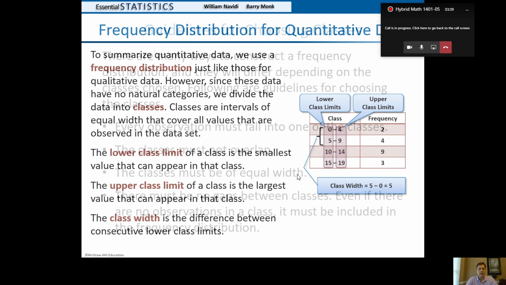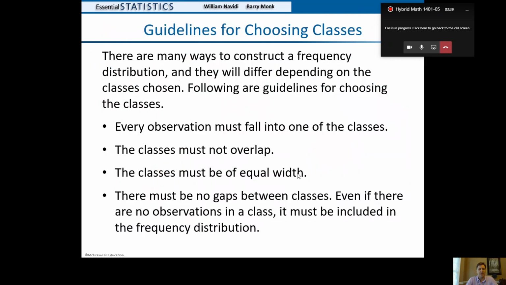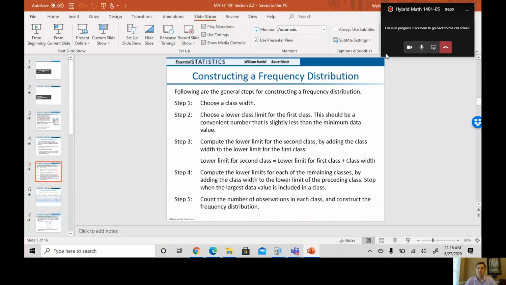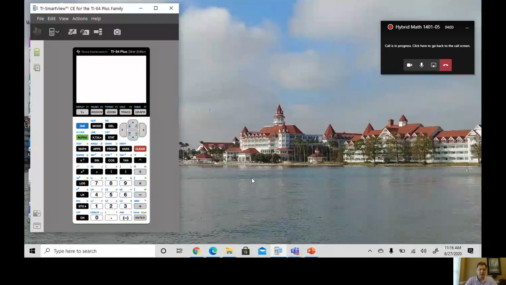So constructing one yourself was another question, and there's homework problems about that. So let me see if I can get out of this. Okay. So let me show you what that looks like.